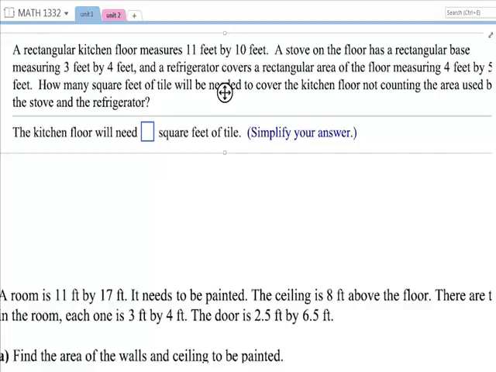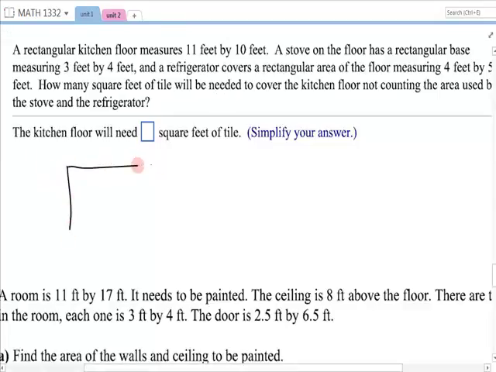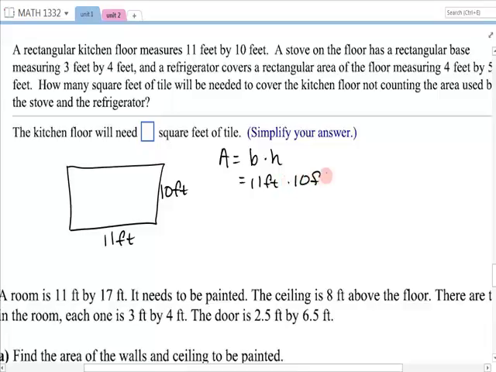I'll draw you, pardon? Okay, if this is the kitchen floor, and it is 11 feet by 10 feet, and its area is base times height, 11 feet by 10 feet, 110 feet squared.